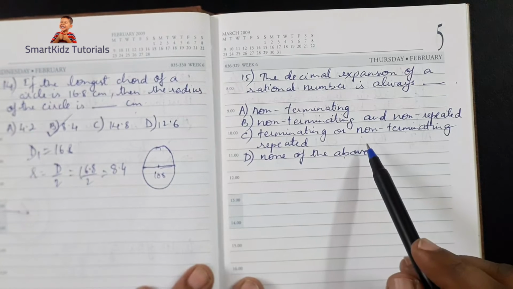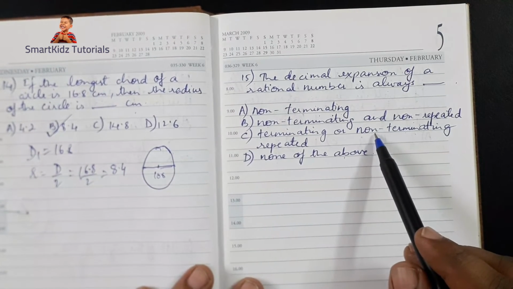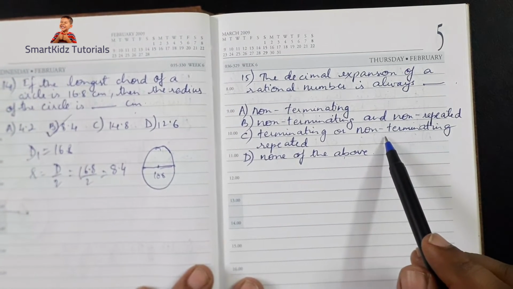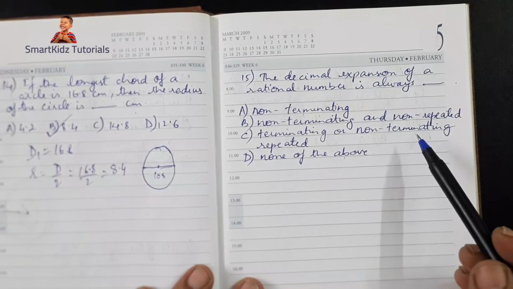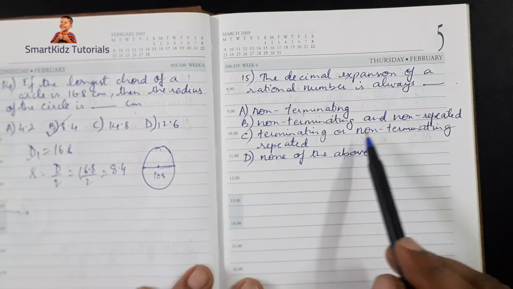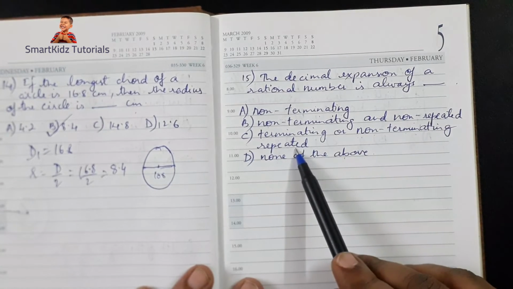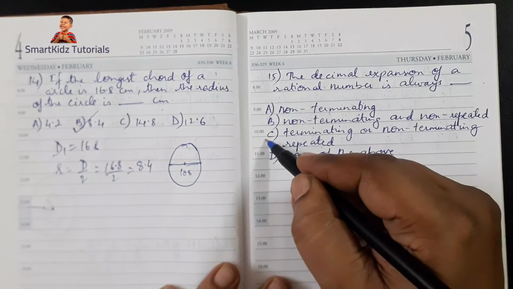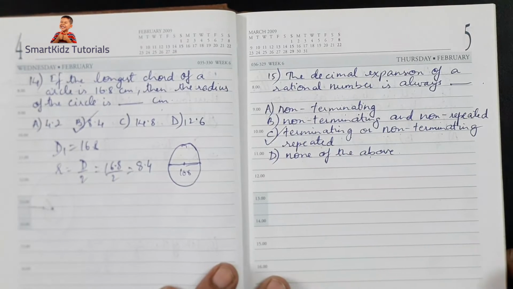If we are not getting the remainder as 0, at least the quotient should be repeating. So our correct choice would be C, terminating or non-terminating but repeating. So this is our correct choice, C.